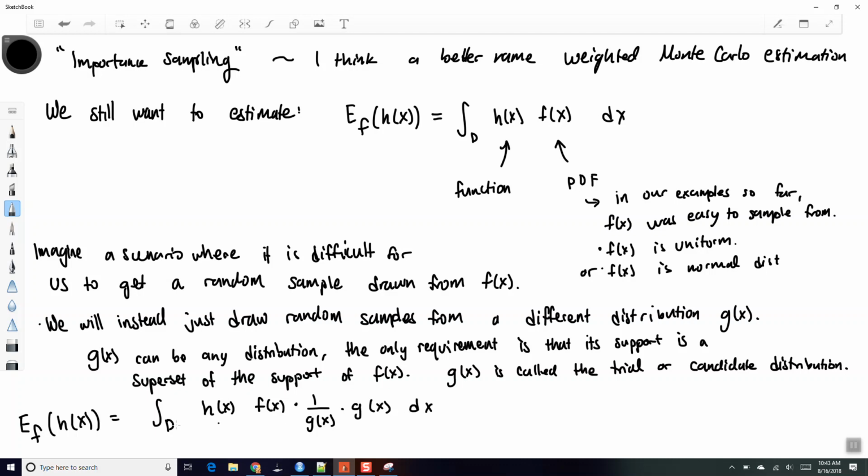So this does not alter the value, right? Because I'm multiplying by g of x and 1 over g of x. So that's not going to alter the thing.